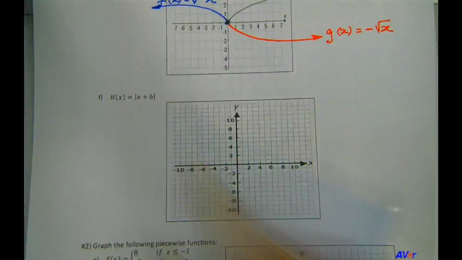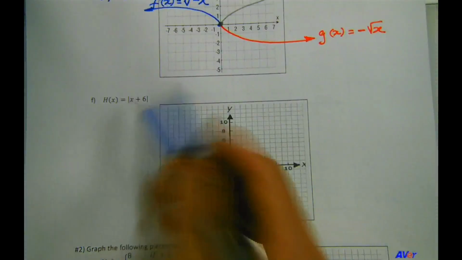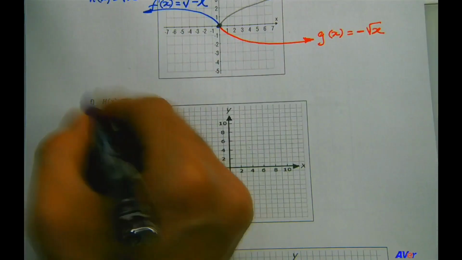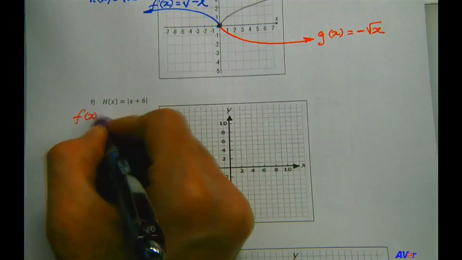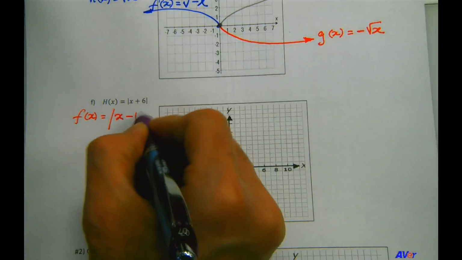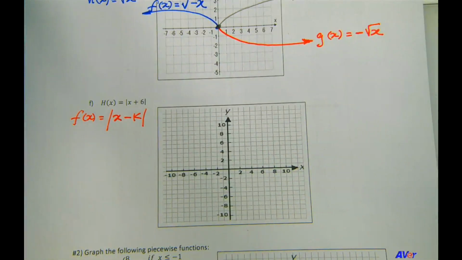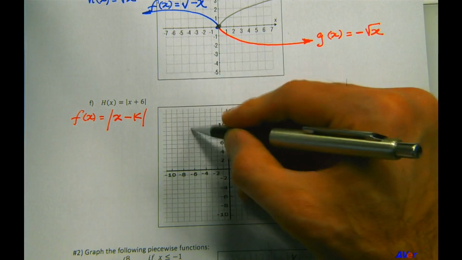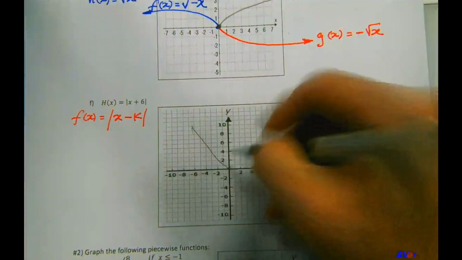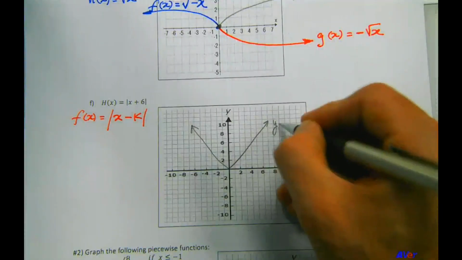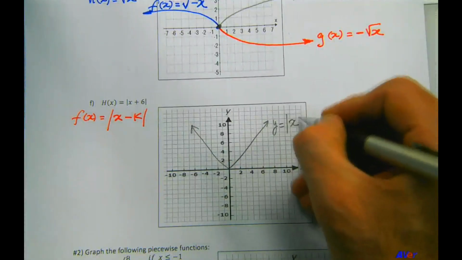Next, we have an absolute value function. So the absolute value function has the general form like this. Let me just write absolute value of x minus k, right? Compare that with this. And let me draw the basic absolute value function, which has equation y equals absolute value of x.